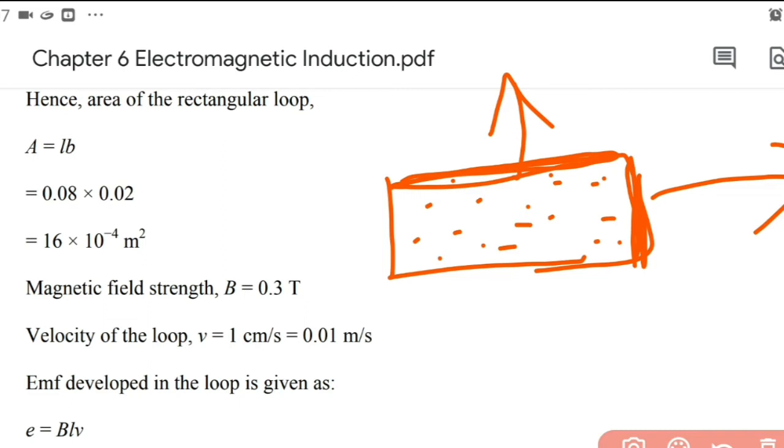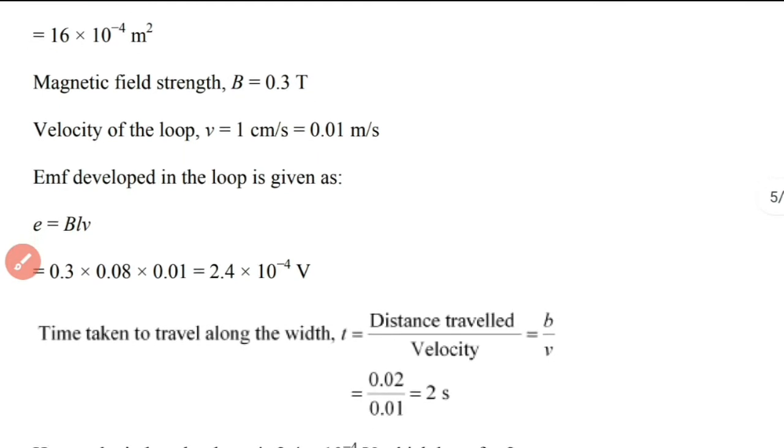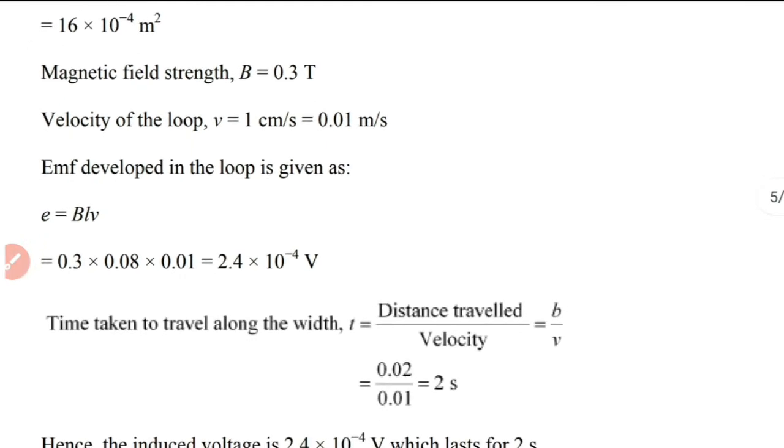Now substituting in the equation, in the first case we get the induced EMF to be 0.3 into 0.08 into 0.01. Converting centimeter and centimeter per second to SI units, we have 2.4 into 10 raised to minus 4 volt.